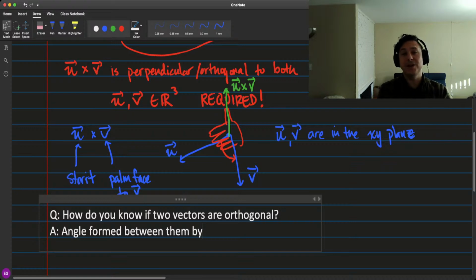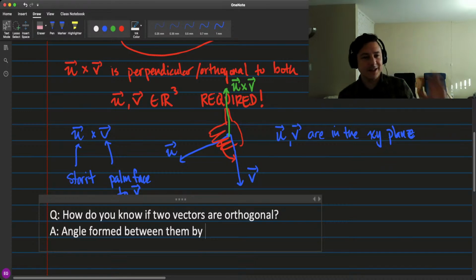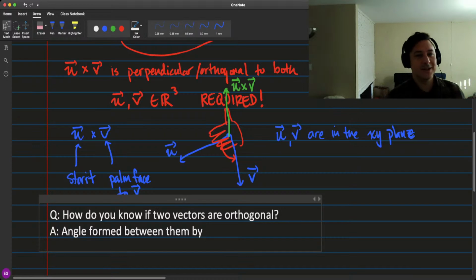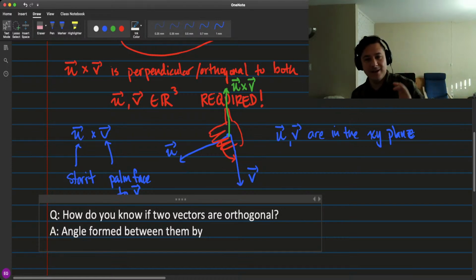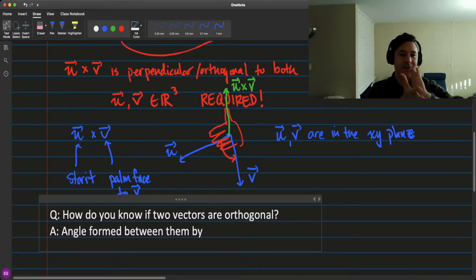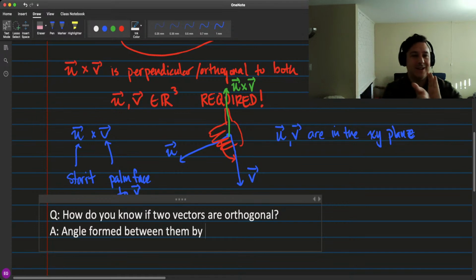There's something we learned recently, a calculation you could do. The formula even involves the cosine of theta.